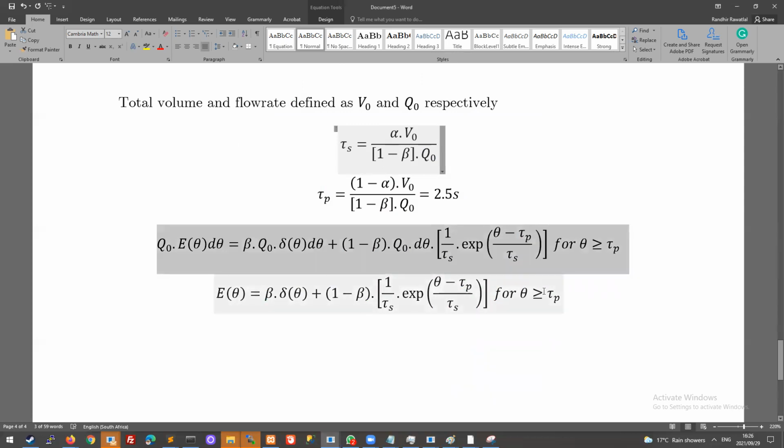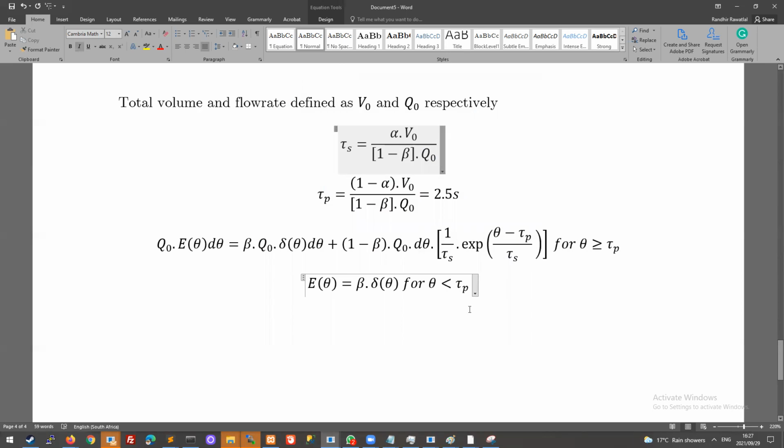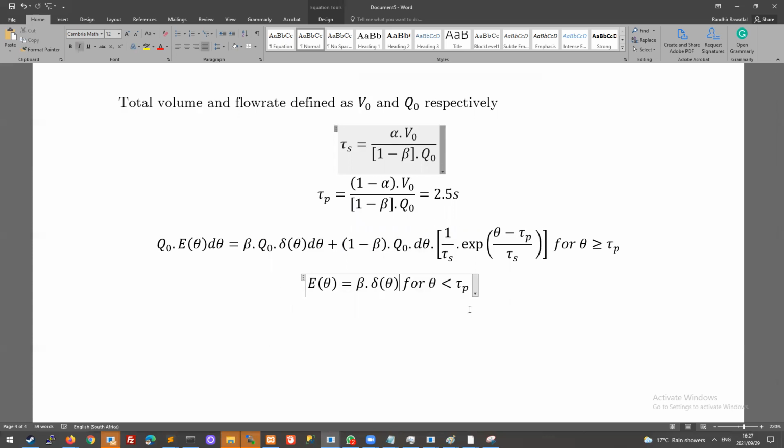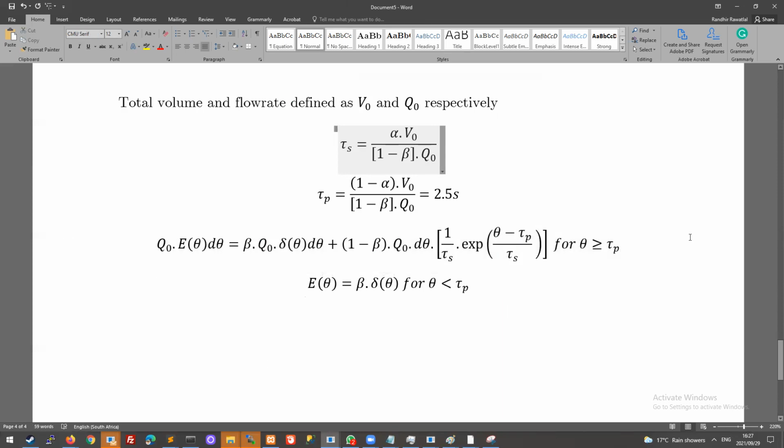So for theta less than tau p, we won't have this exponential term contributing anything. So this will basically not appear. And we can see that in the graph. I'll have to repeat doing the cancellations there.